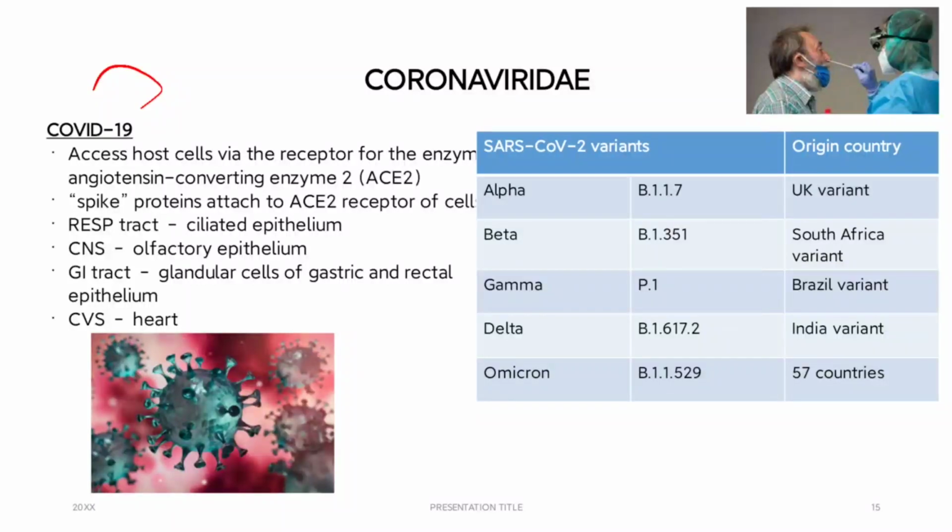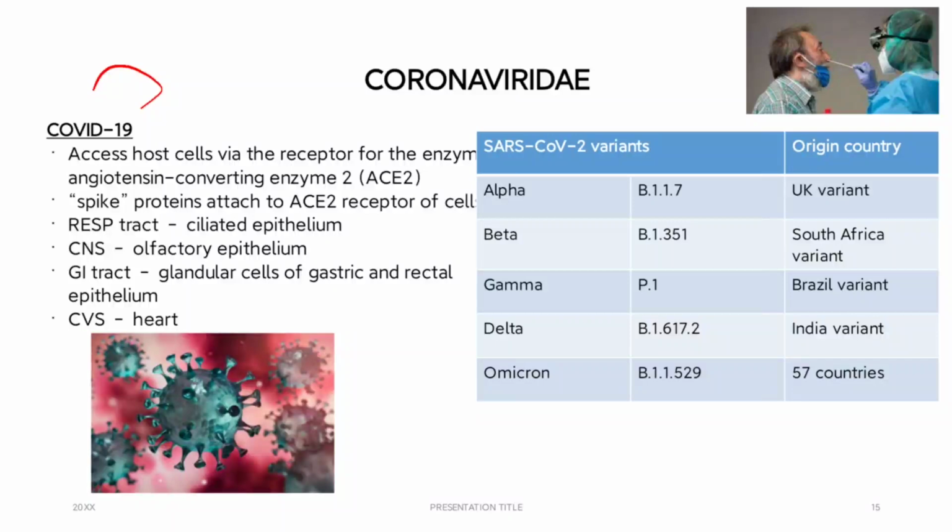So, Coronaviridae, ang sabi dyan, access the host cells via the receptor for the enzyme angiotensin converting enzyme 2 or yung ACE2, no? Tandaan niyo yan. Ang COVID-19, so COVID-19 lang pinag-uusapan natin dito, no? Yung kanyang receptor is the ACE2, angiotensin converting enzyme 2.